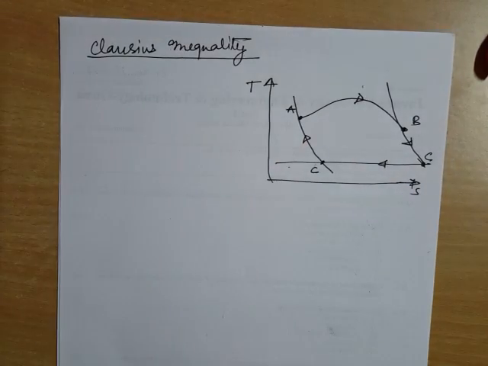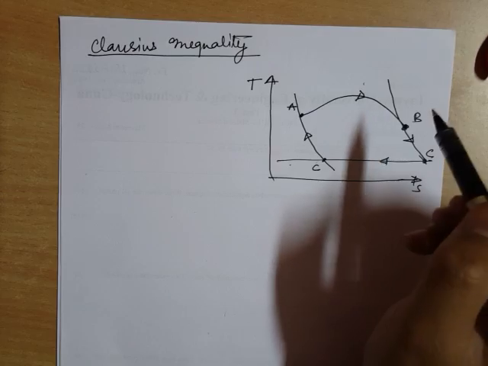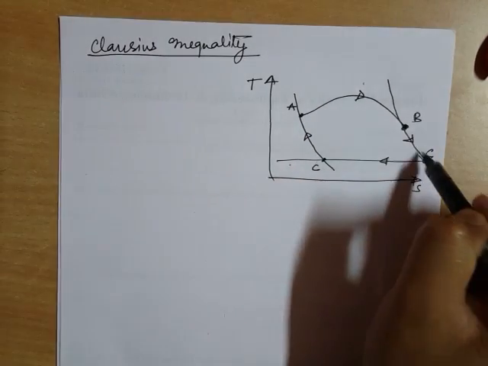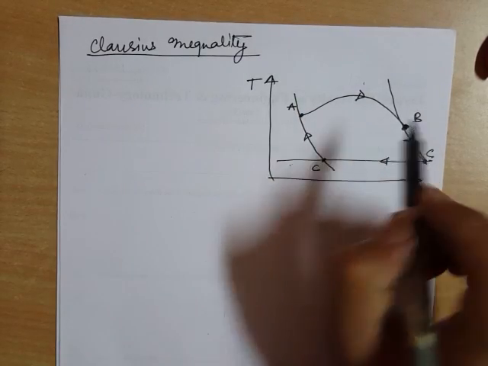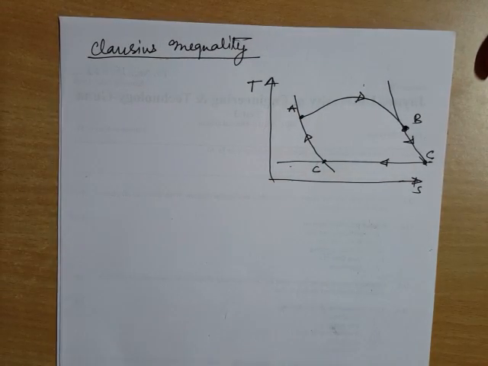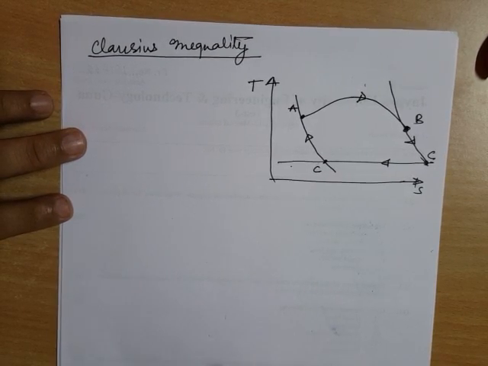And what is so special about this cycle? I am considering that every process in this cycle is reversible except AB. Let us consider this AB is any general process. It can be reversible, it can be irreversible. Right now we don't know.